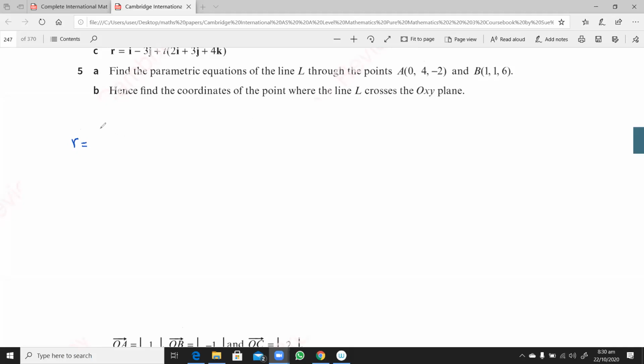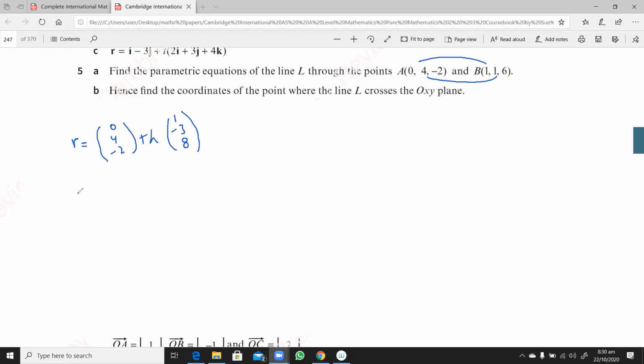So you see how quickly I'll write this equation of the line. This is (0, 4, -2) + lambda(1 - 0, 1 - 4, 6 - (-2)), which is (1, -3, 8). So that is the vector equation for the line passing through A and B.